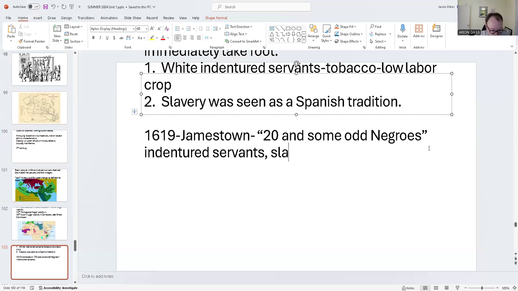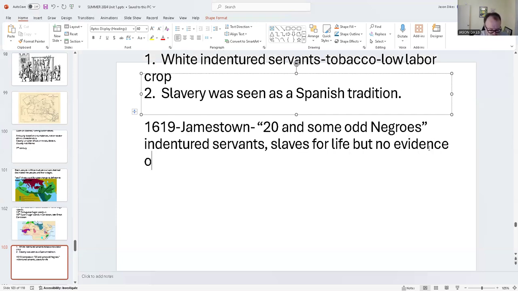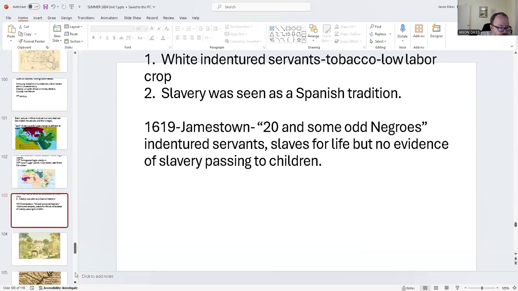Others, though, appear to have become slaves for life, but there's no evidence of slavery passing to children in those early records, which are not in this particular file.